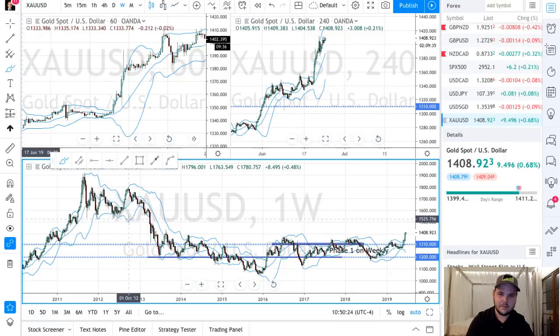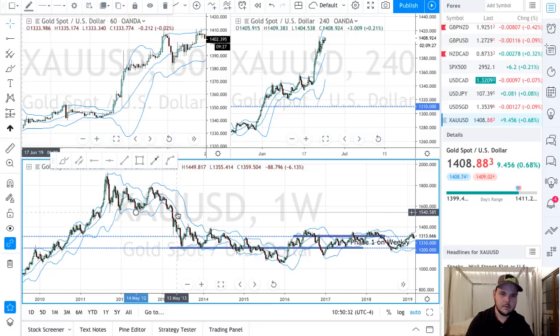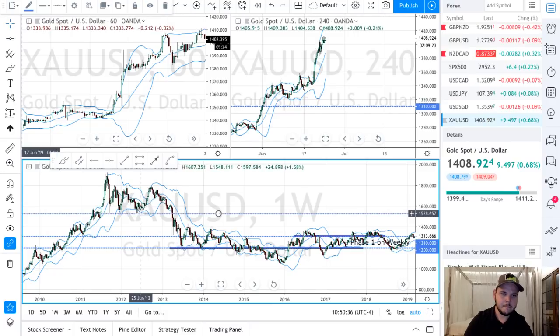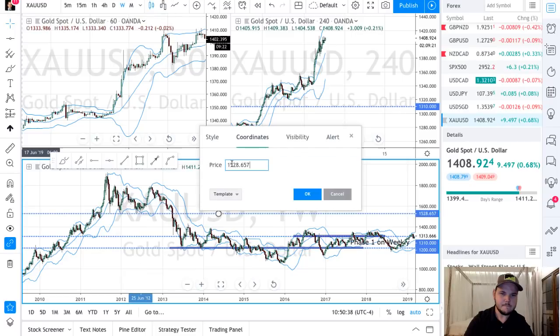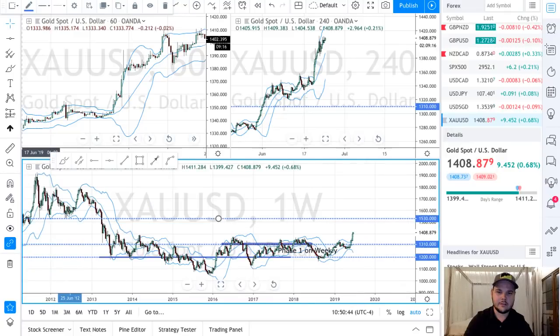I would say 1,530. That's going to be your next zone to look at. I'm just going to put this line over here, to make it a round number, which is easier. That's going to be the next zone to look at.